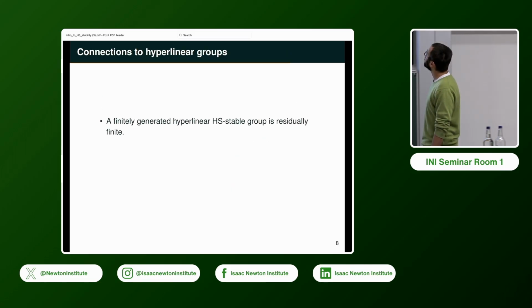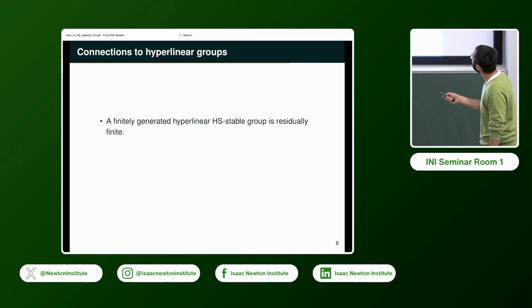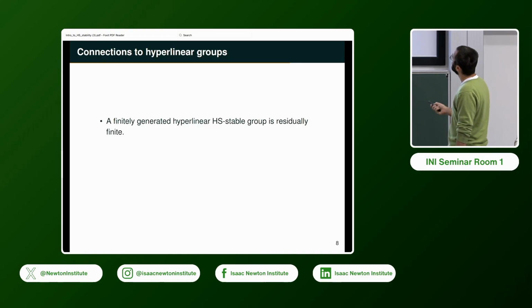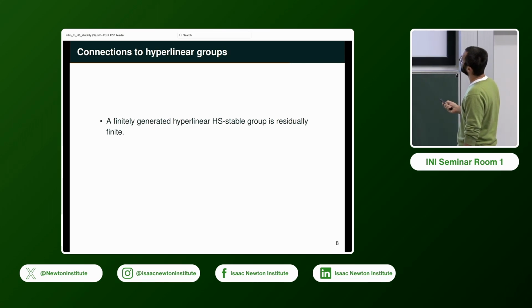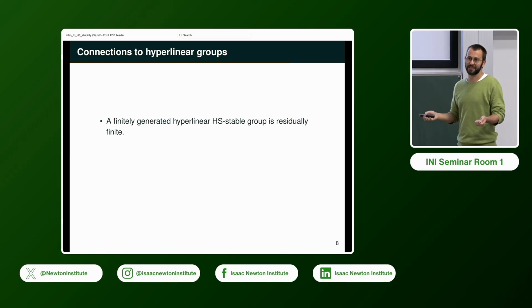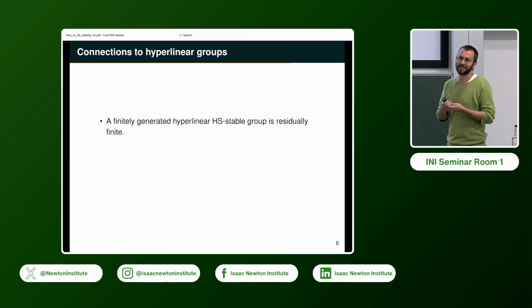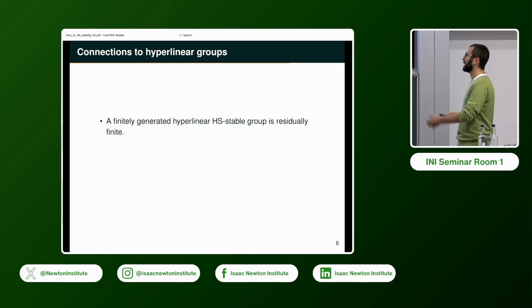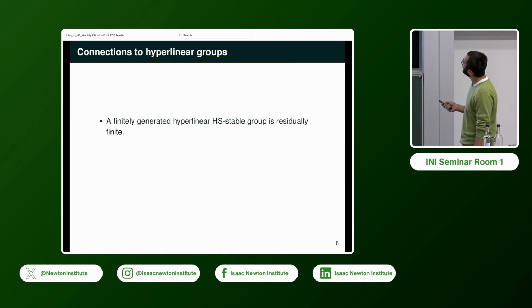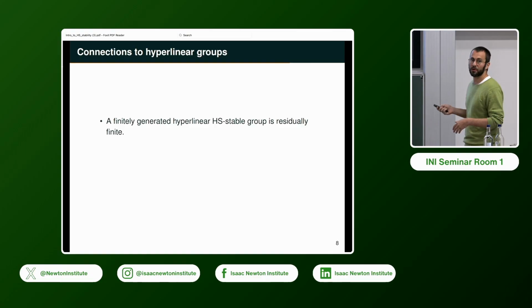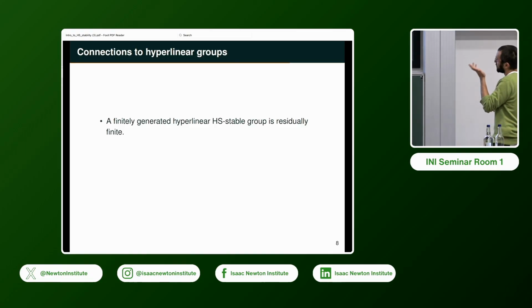Connections to hyperlinear groups. This is the Hilbert-Schmidt version of what Gunnar spoke about, called robustness. If you have a finitely generated hyperlinear group, which means that you have some asymptotic representation that is also asymptotically injective, so you can approximate your group by matrices, basically. Every sofic group is definitely hyperlinear, but not vice versa necessarily.